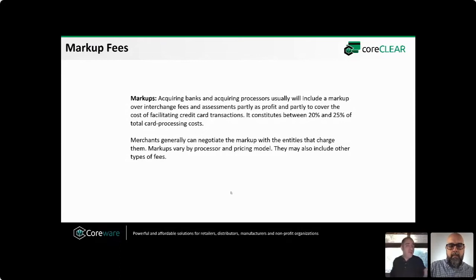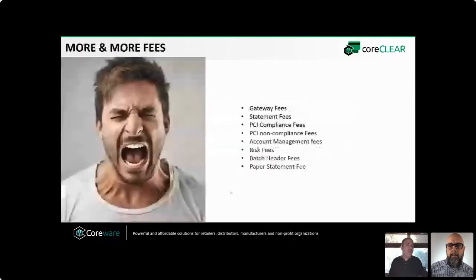They'll sell you on the fact that it will save you a ton of money, but it behooves you to do your homework and dig into things as much as you can. So the markup fees, again, is what the processor is charging.